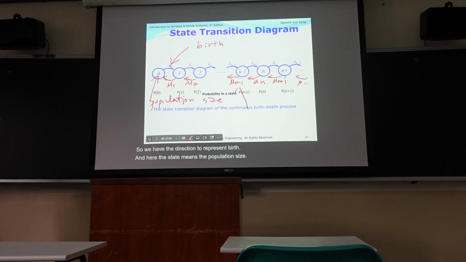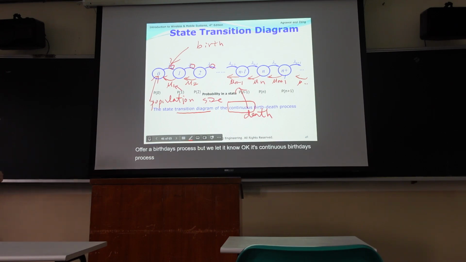Alright, and this direction is death. And we have the corresponding state. So from 0, then we have lambda sub 0, and 1, then we have lambda sub 1. And then it's up, we have the corresponding index 1 because of the current state, population size. And this is the state transition diagram of a birth-death process.